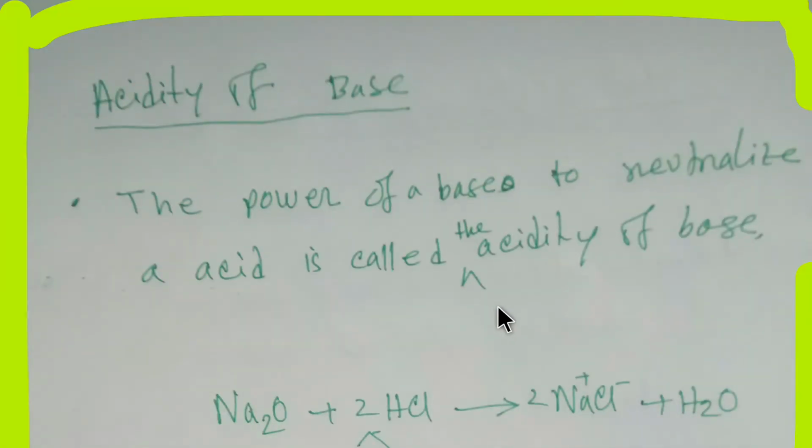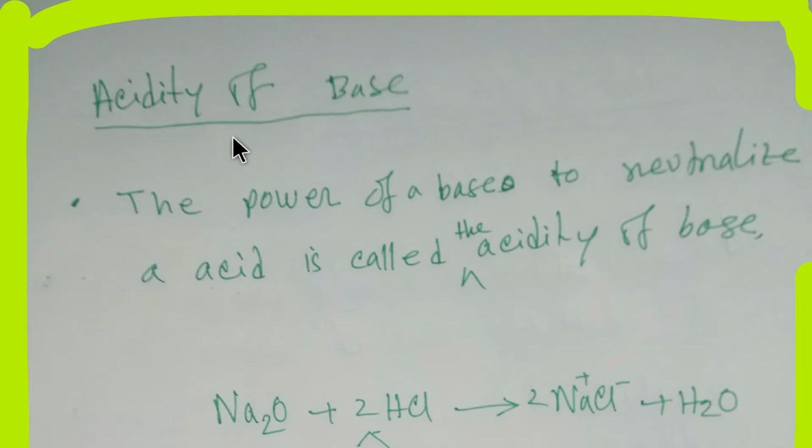Well, the acidity of base. What does this mean? In the previous section of my lecture, we understood the basicity of acid, but here we are going to look at the acidity of base.